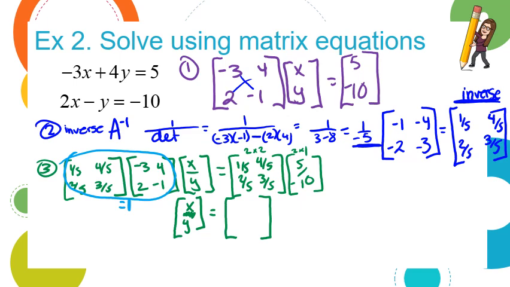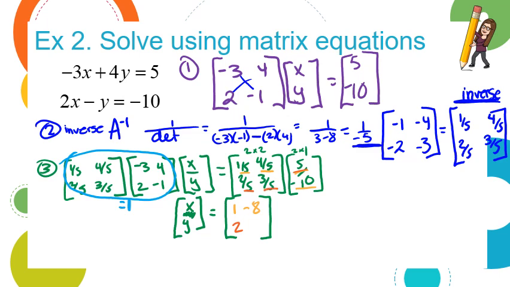I'm going to show a little bit of work. So first of all, I need 1/5 times 5. Well, that's just 1. And I need 4/5 times -10, which would be -40/5, which would end up being -8. Then I need to take 2/5 times 5. Well, that's handy. That's just 2.